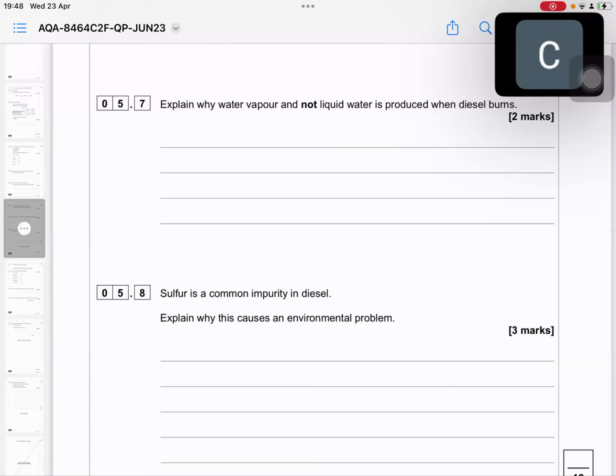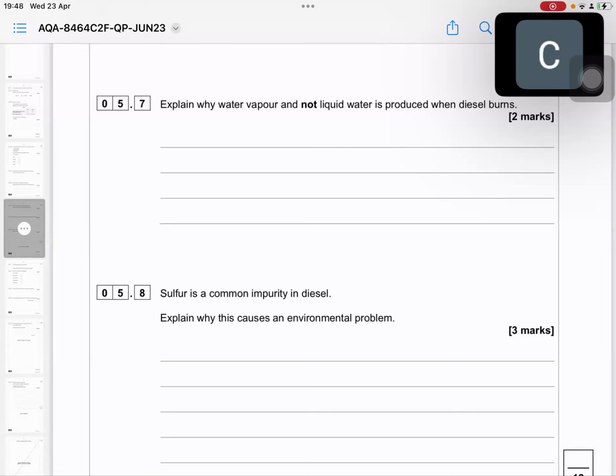Okay, let's move on. It says sulfur is a common impurity, and impurity, take note, it's not a desirable substance to have in diesel. So what does it say? Explain why this causes an environmental problem. Okay, so I'm not sure about this one. What does the marking scheme say? So we don't spend too much time on it.